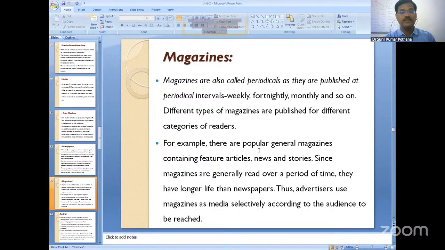Sports lovers, automobile lovers, or candidates who are interested in reading economics and finance. So they buy a magazine related to economics and finance. If a person is interested in sports, they buy sports-related magazines. So these are some categories.